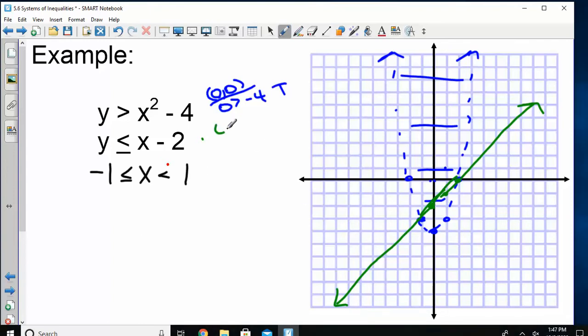If you try to test point 0, 0, you get 0 is less than or equal to -2. True or false? So 0, 0 doesn't work, so you're shading below. So what's the overlap right now? Just a little U. Yeah. We've got this little section so far.